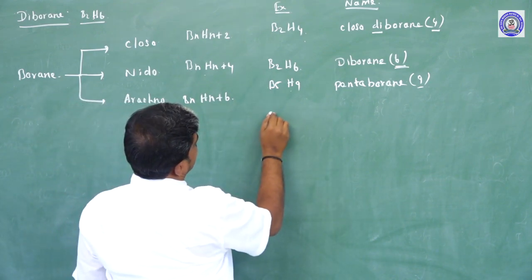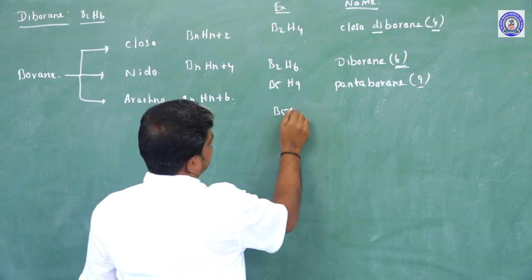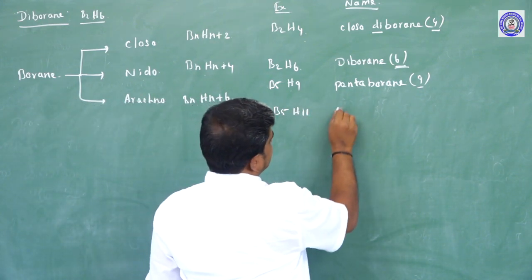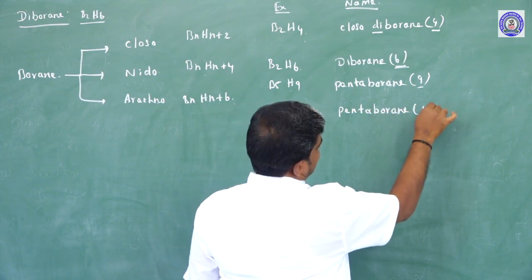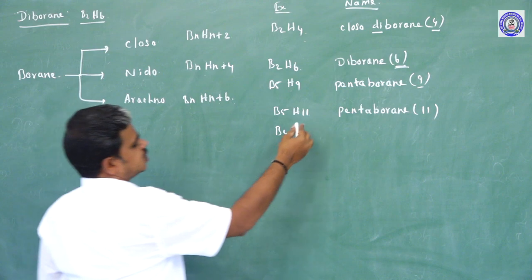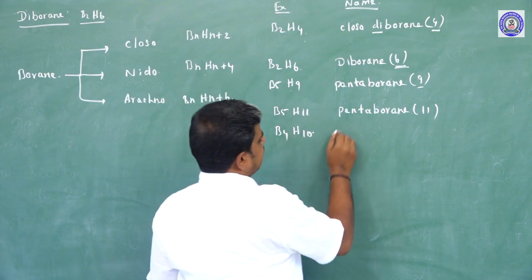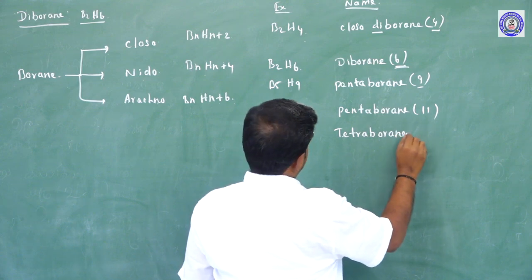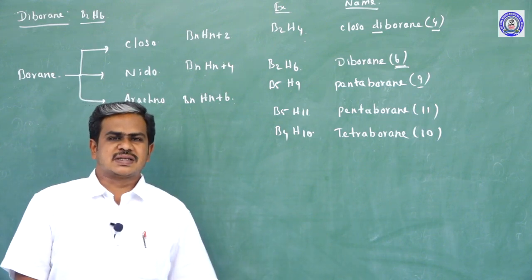Example, B5, n plus 6, so H11: B5H11, pentaborane(11). Then B4, 4 plus 6, so H10: B4H10, tetraborane(10), where 10 is the number of hydrogen atoms in the bracket.